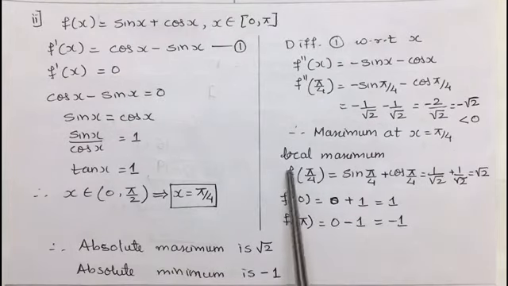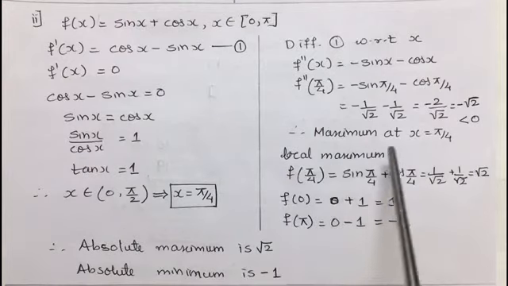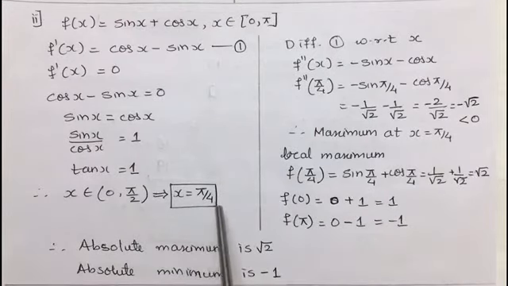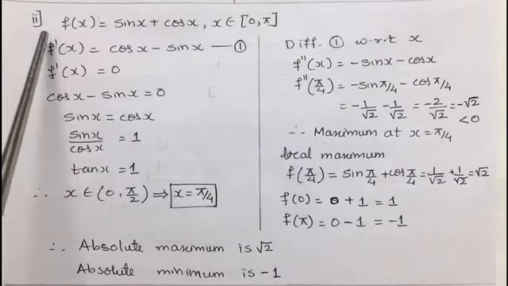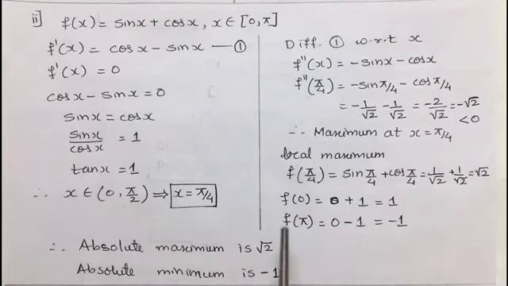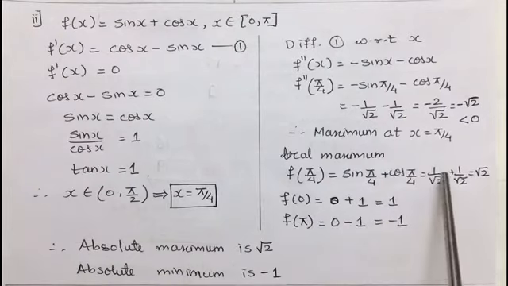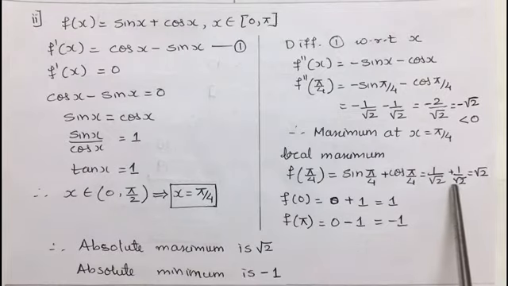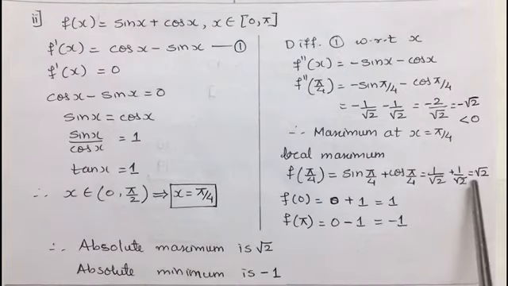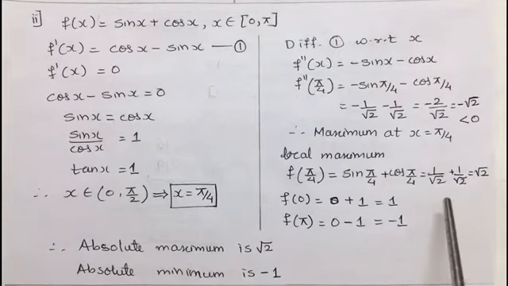Now we have to go for local maximum. For local maximum, the value of x equal to pi by 4 is to be kept in f. Keeping the value, f of pi by 4 is equal to sin pi by 4 plus cos pi by 4. That gives 1 upon root 2 plus 1 upon root 2, and calculating this, 2 upon root 2 makes it answer root 2.